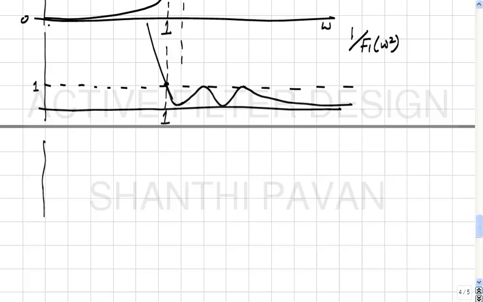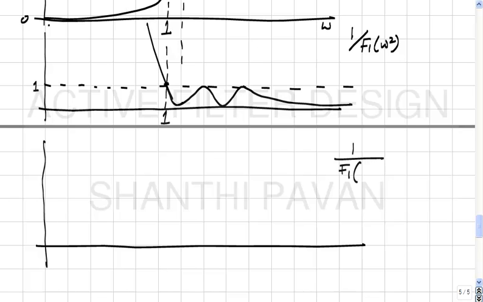So this becomes, if I do 1 by f1 of 1 by omega square, it will become, if I transform omega to 1 by omega, what happened earlier at omega equal to infinity will now happen at omega equal to 0, right? What happened at omega equal to 1 will remain at omega equal to 1. So how will this look like?